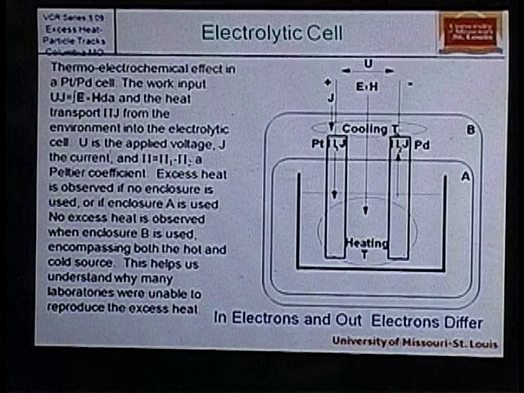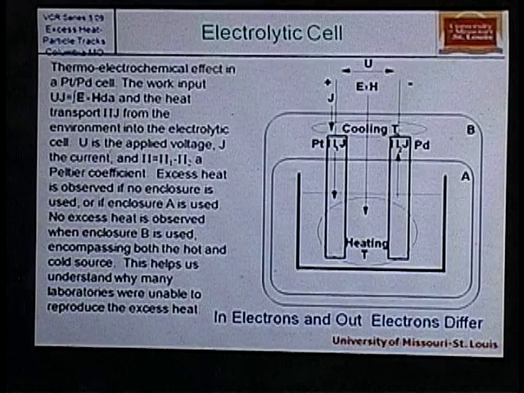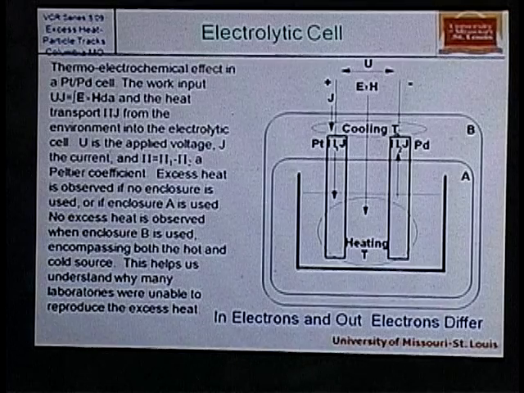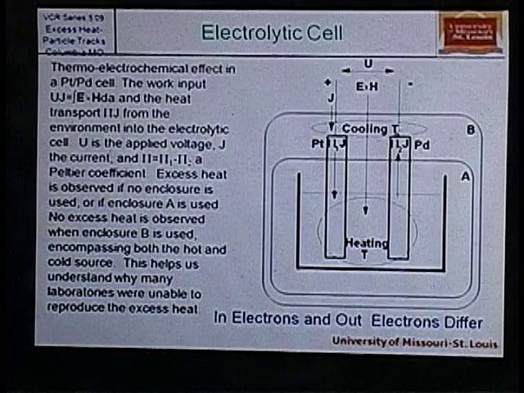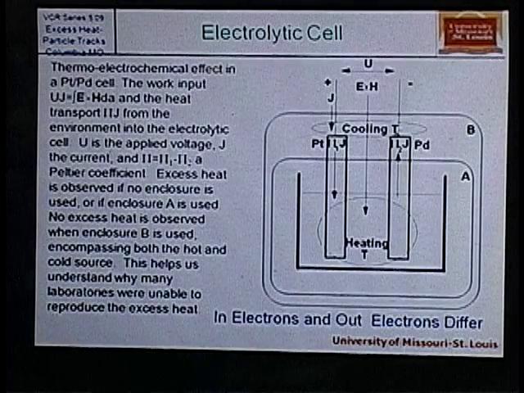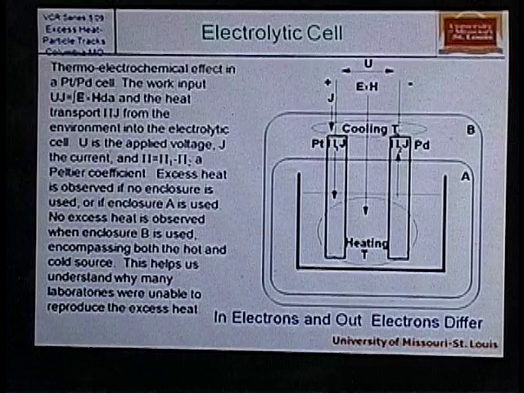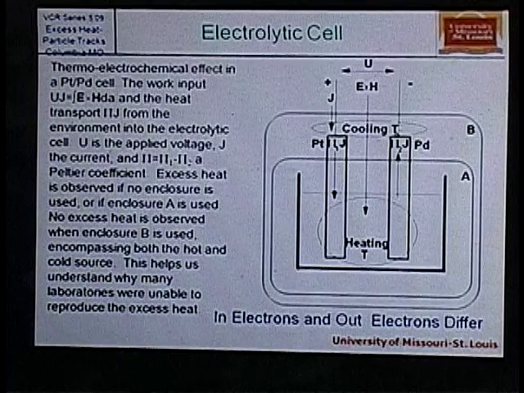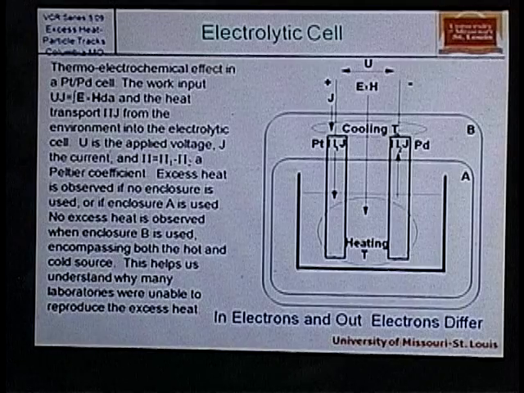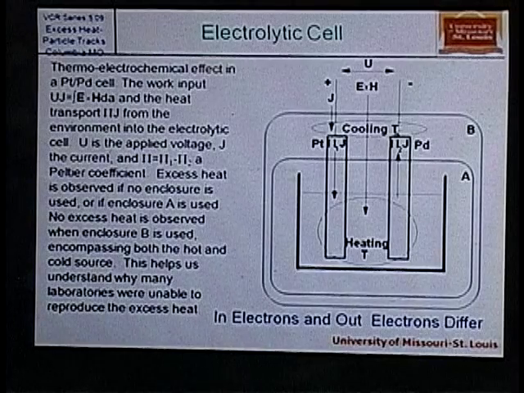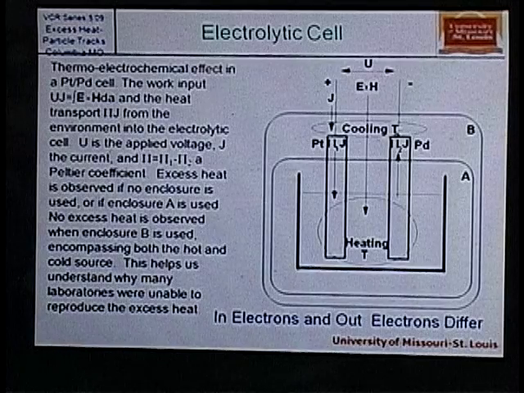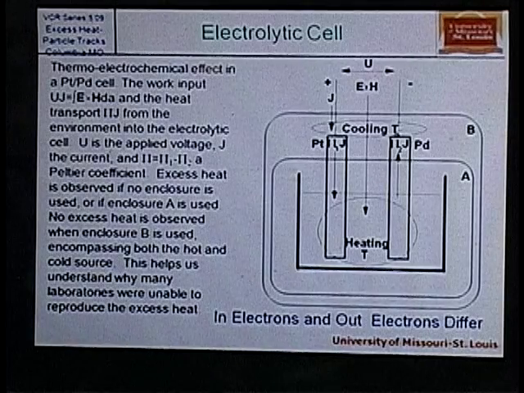In fact, each electron has a backpack, and in that backpack it carries a certain amount of heat. The entropy per carrier, the entropy carried by one carrier, is known as the thermopower, or the Seebeck coefficient. And it is different in different materials.